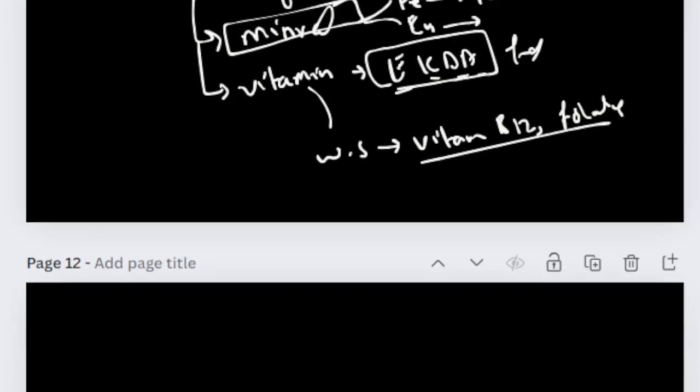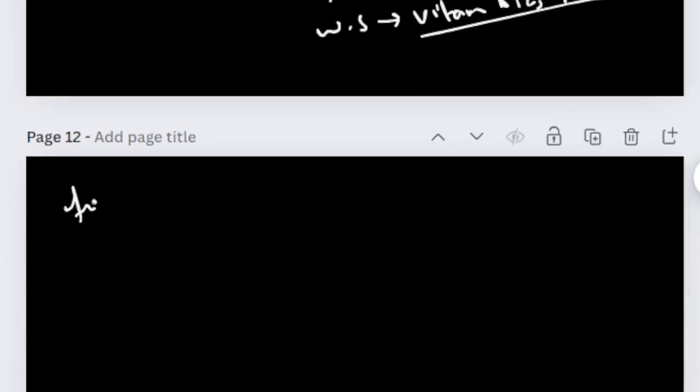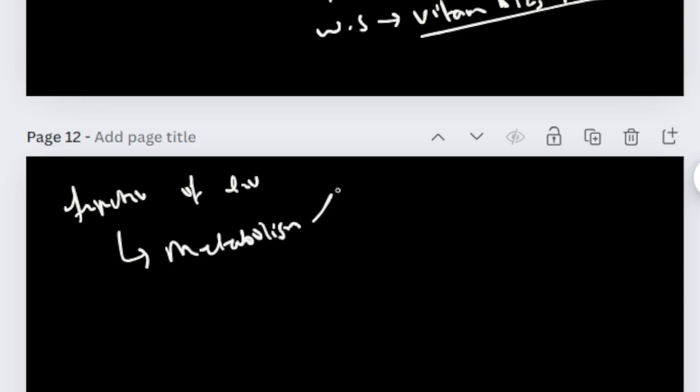Now let's revise. Okay, so functions of the liver. One is the metabolism of protein, carbohydrate, and lipids. Okay, another is the synthesis.